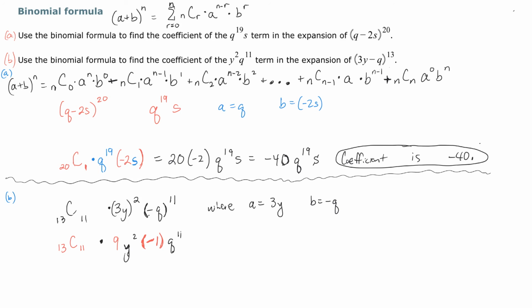The only thing left to find is 13 choose 11, which isn't bad. 13 factorial over 2 factorial times 11 factorial, times negative 9. And then we have our variables, y squared q to the 11th.